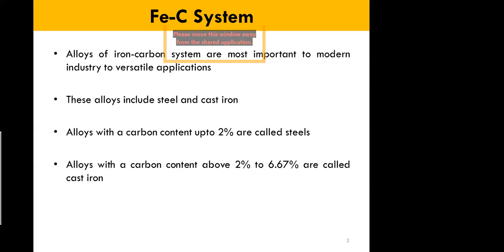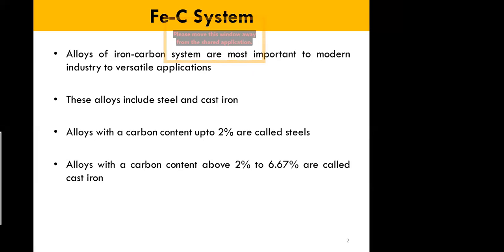So, the iron carbon system. This is iron metal as well as carbon. Iron and carbon are combined together and heated to the melting point. The alloys of the iron carbon system are most important to many industries and have very good applications. These include mostly steels and cast irons. So the iron carbon diagram is used for steels and cast irons, not for any other metals.